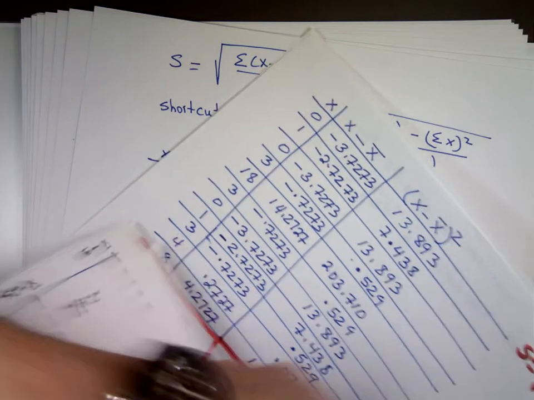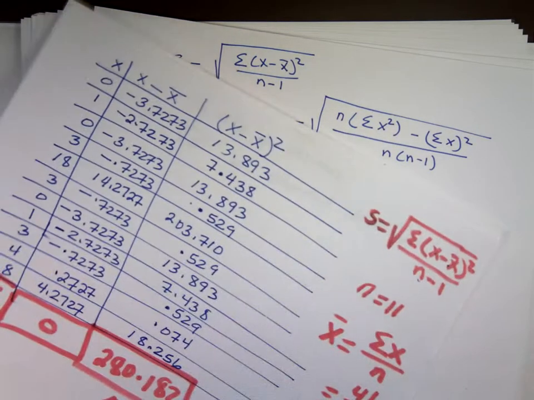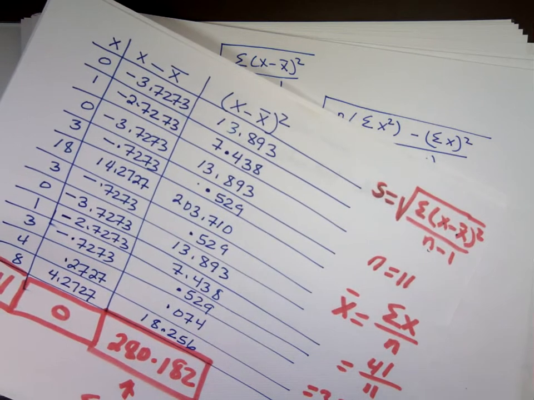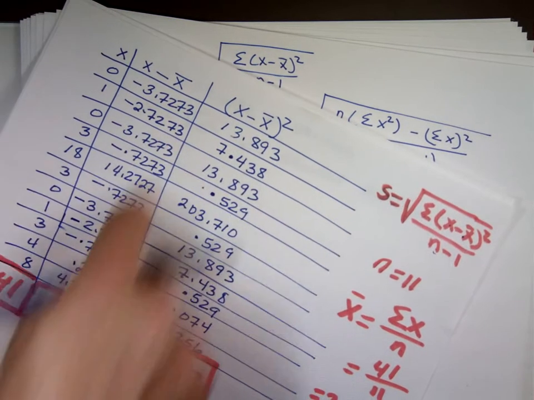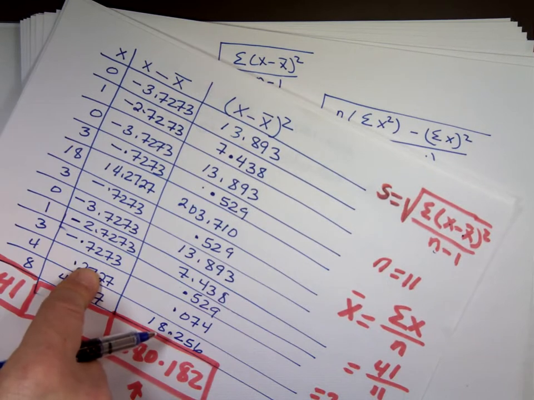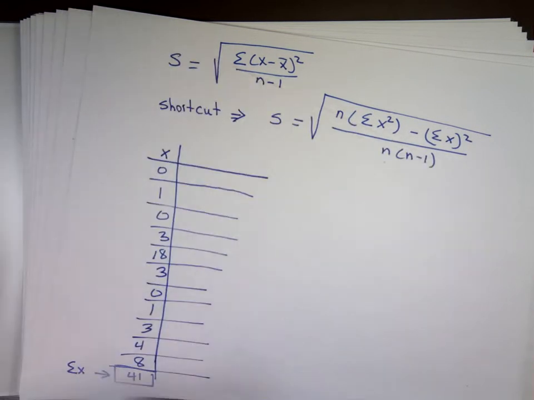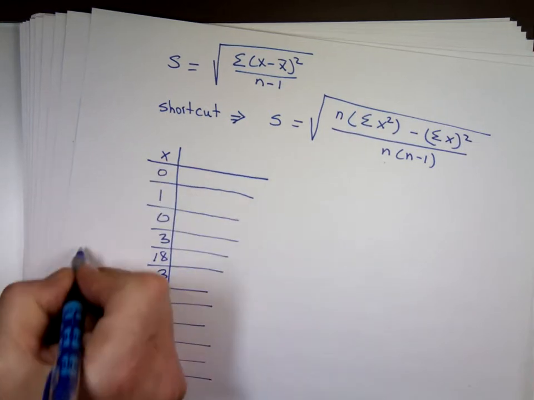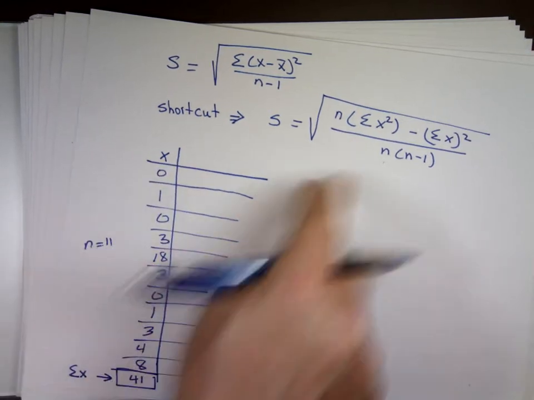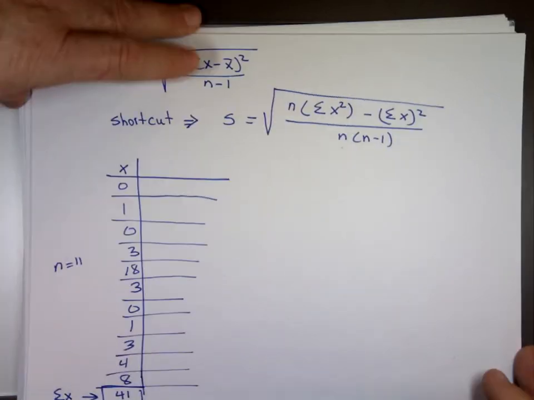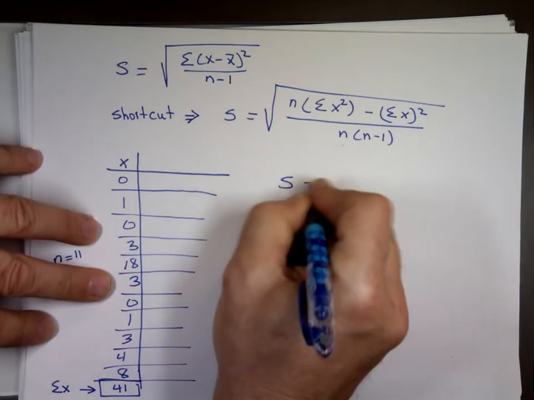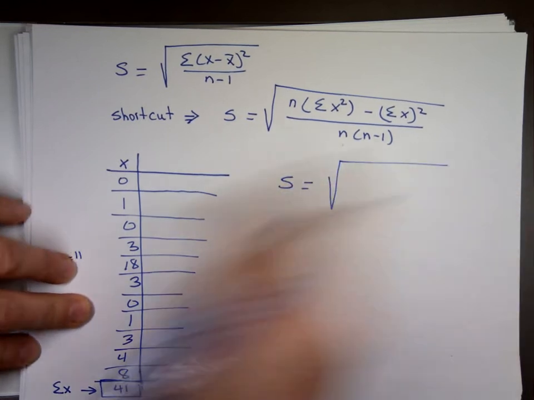Also, what made this horrible is I had to find the average, which was some stupid decimal value, and then subtract to get these numbers here. This method, you don't need that. We know how many values we have. N equals what here? 11. Let's look at that equation and see what we have so far. N equals 11 in that sum.